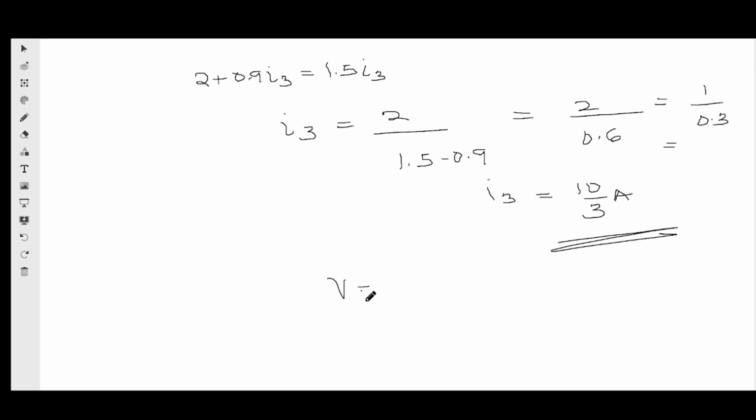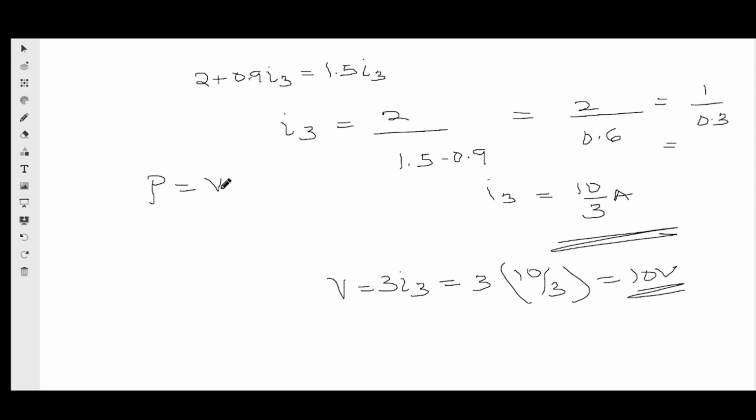The V that we are looking for is 3I3, right? Which is 3 multiplied by 10 over 3. That will be giving us 10 volts. So that's the voltage in the dependent source. And the last one, they said we should get the power, right?